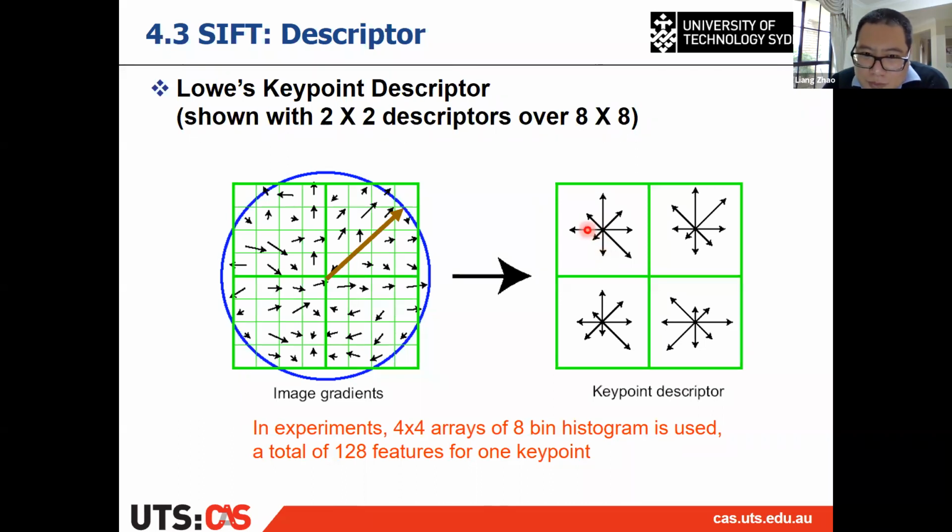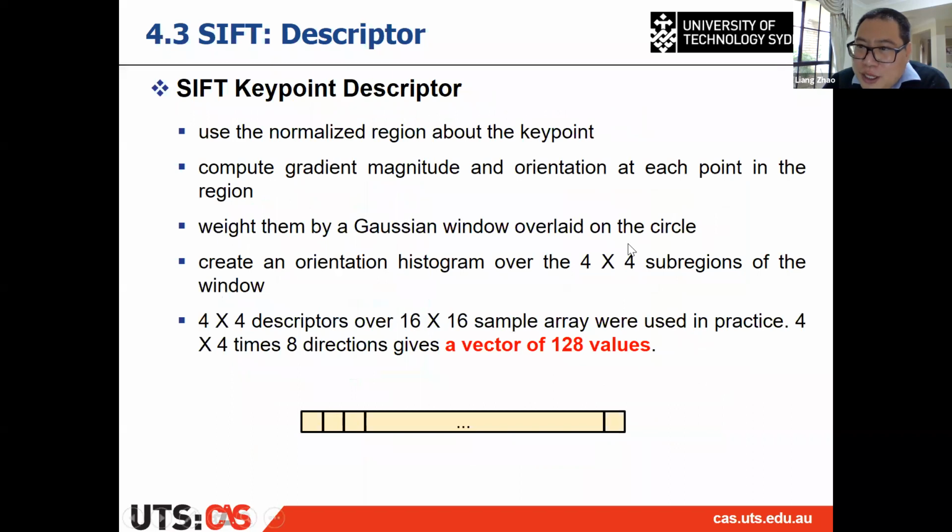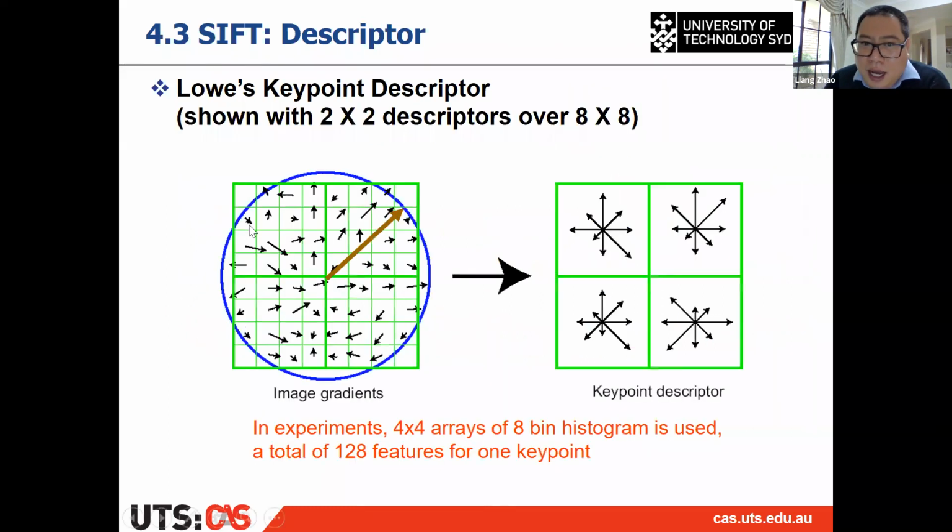Okay, so after doing this, what did SIFT do? SIFT did exactly the same thing, but with different areas. What SIFT did is it used a 16 by 16 pixel area on each of the features, and then it divided this 16 by 16 area into 4 by 4 blocks, which means each of the blocks is exactly the same as what we said here.